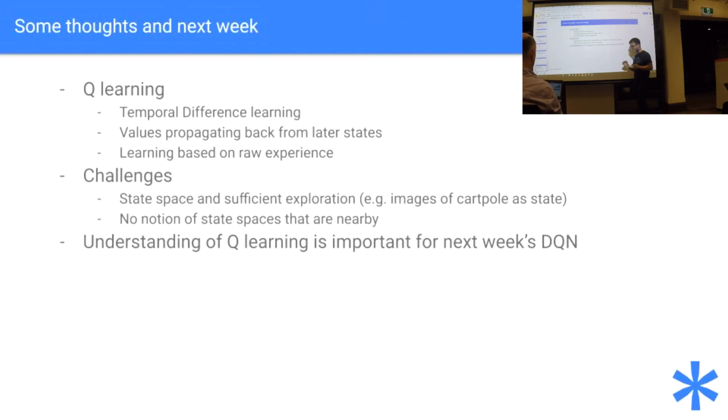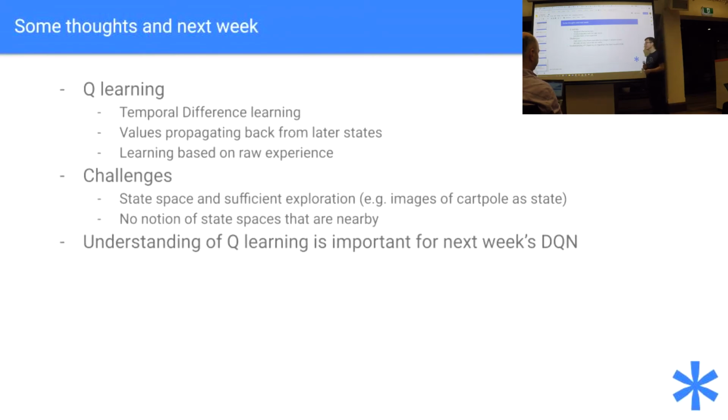And also, by putting things into bins, we are specifically telling our algorithm, even though this state is right next to this state, we are not drawing any relationships there.